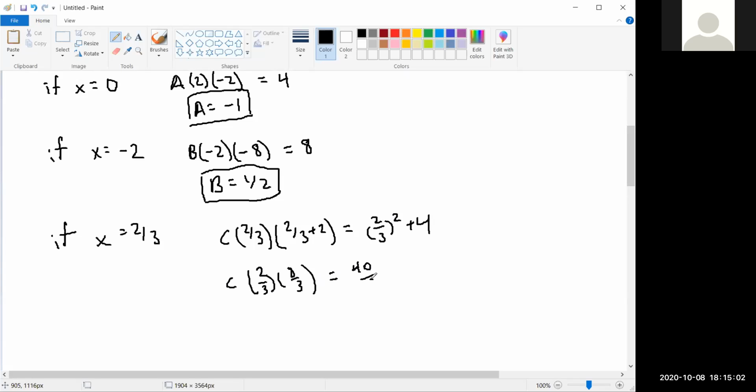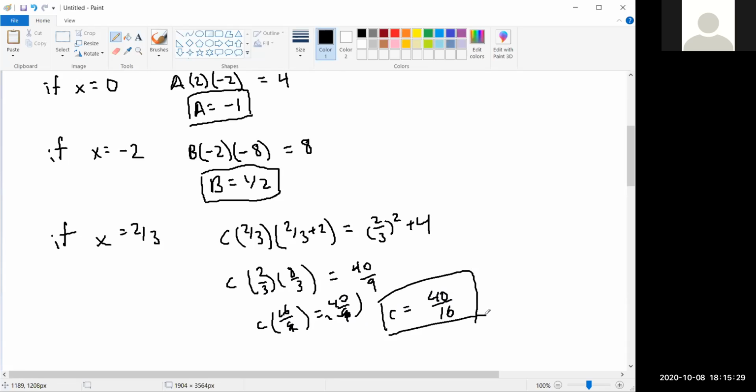So 40/9. Yep. Okay, so this is 16/9 equals 40/9. The 9's go away. So c is equal to 40/16. Okay. So we found a, b, and c.